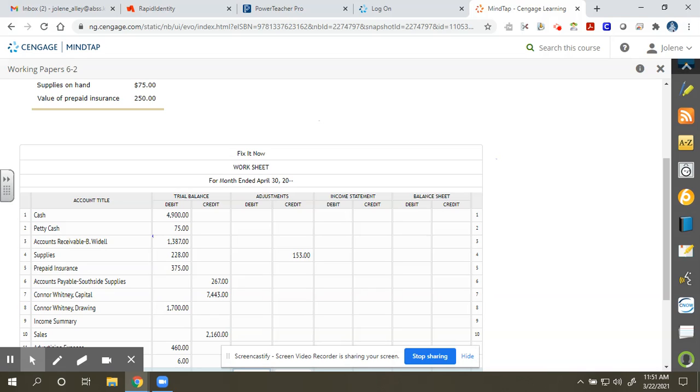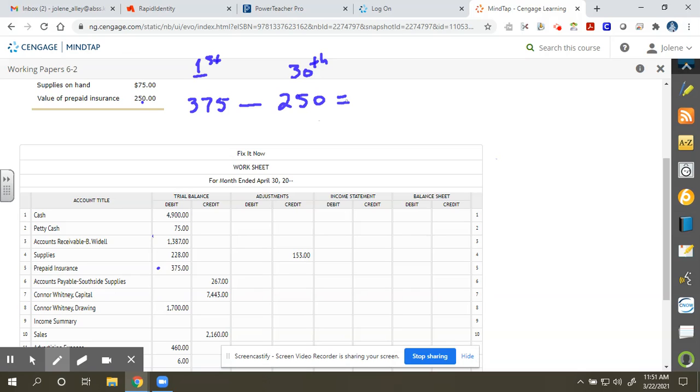So go back over here and I find that there was $375 worth on April 1st. They used some, and now on the 30th, it's only worth $250.